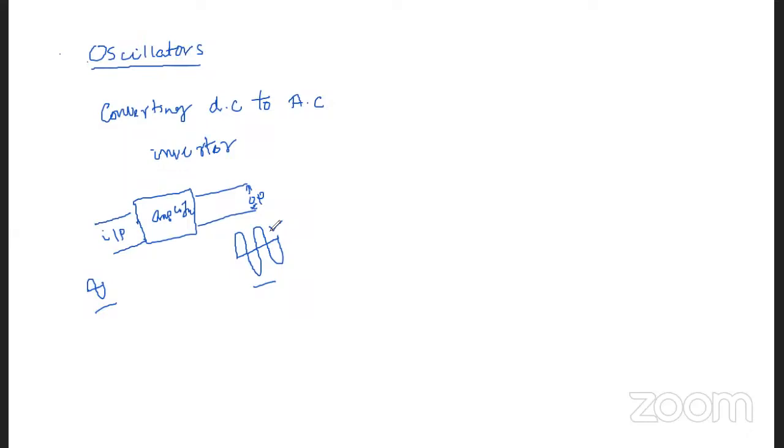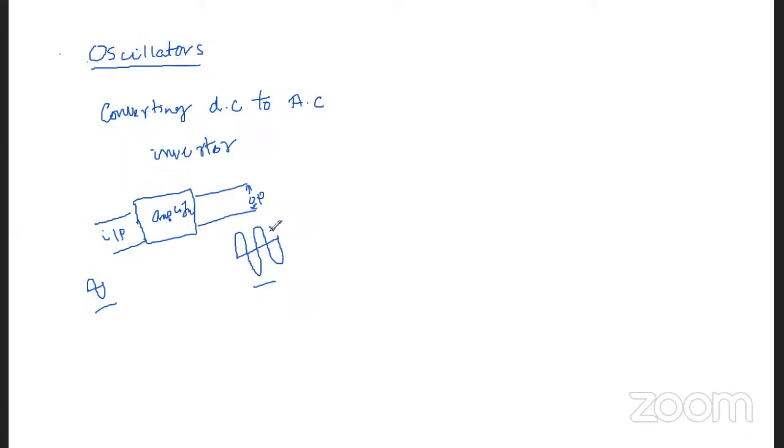In an amplifier, the frequency, waveform and magnitude of the AC power generated is controlled by an AC input signal. If there is no input signal, there is no output signal, and hence no energy conversion. On the other hand, in an oscillator, the frequency, waveform and magnitude of the AC power generated is controlled by the circuit itself, and it does not require an external signal either to start or maintain the energy conversion process.